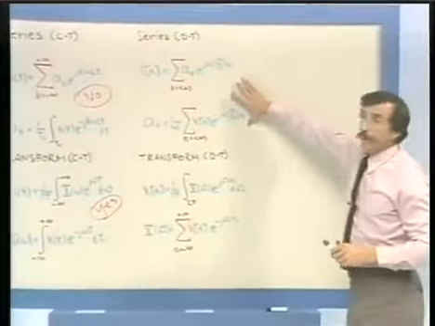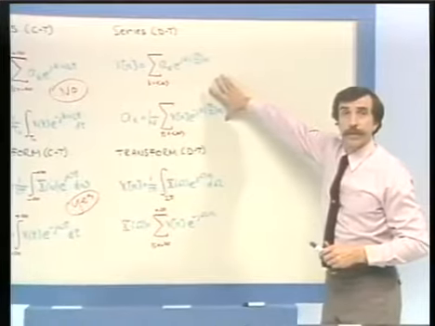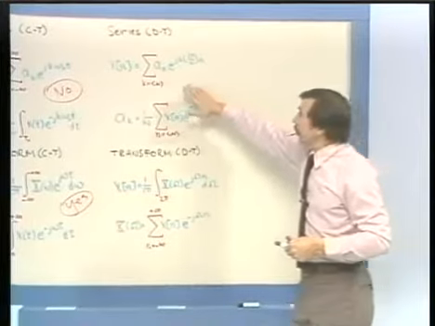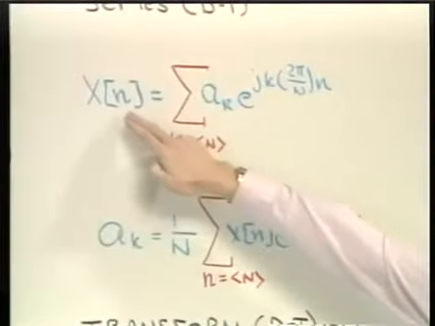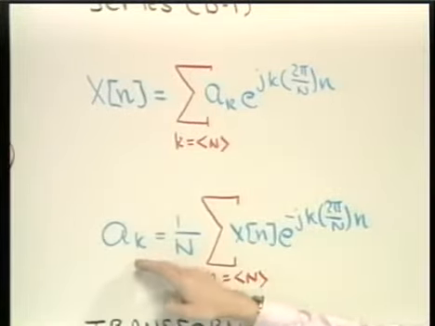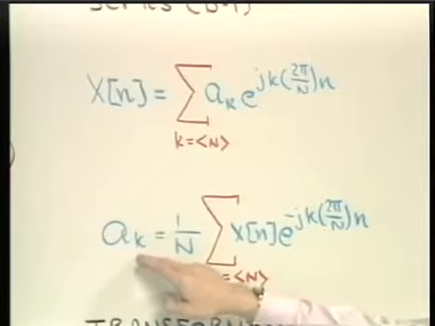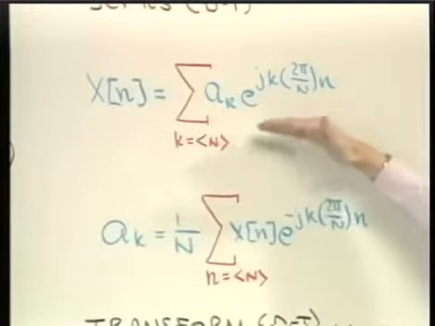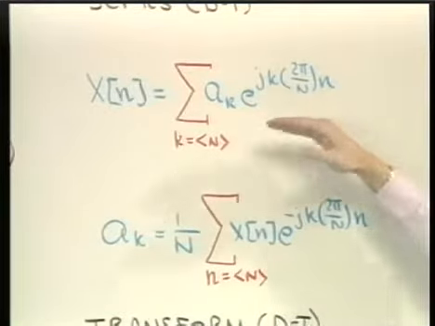With the discrete time Fourier series, we have a duality indicated by the fact that we have a periodic time function and a sequence which is periodic in the frequency domain. And if you look at these two expressions, you see the duality very clearly.